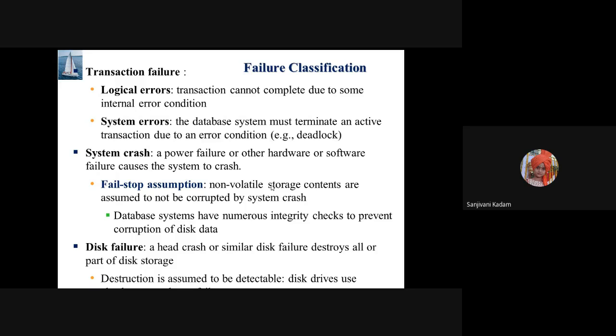So whatever major problems of the system are there, hardware or software, that also can lead to a transaction failure.